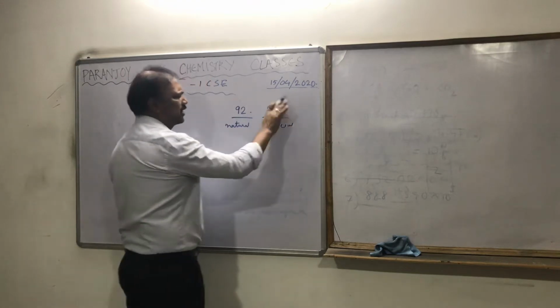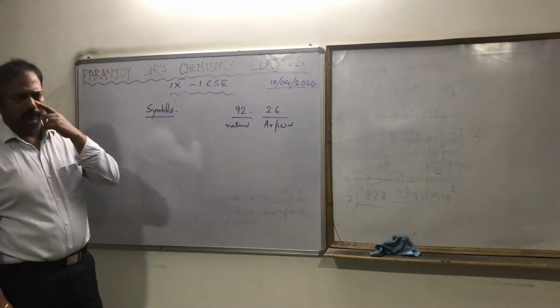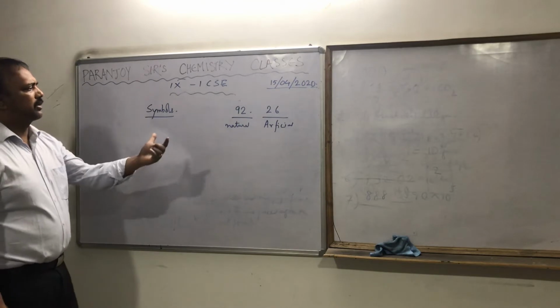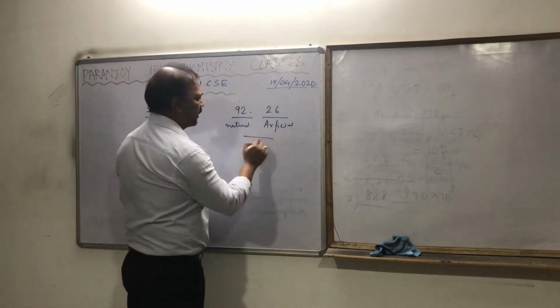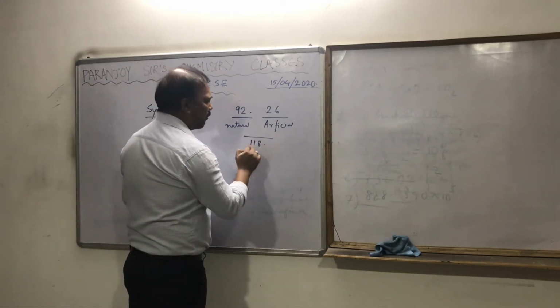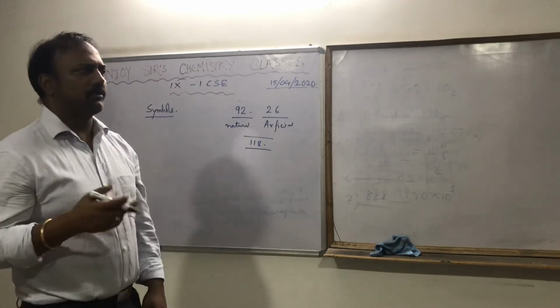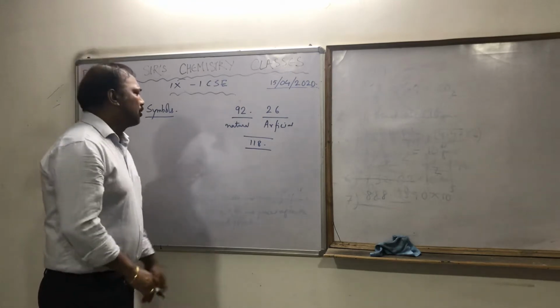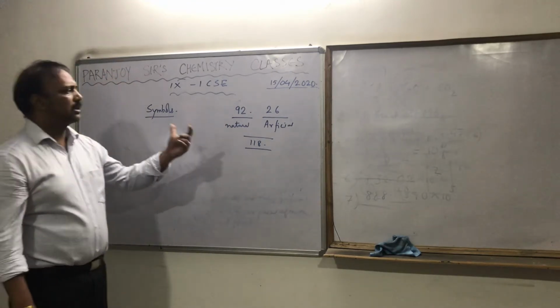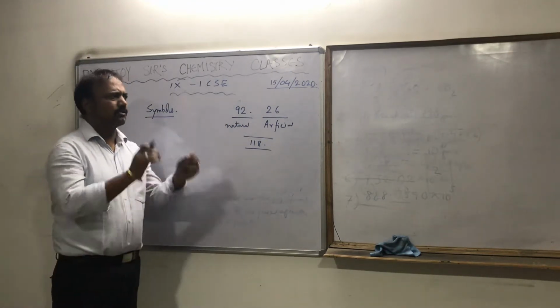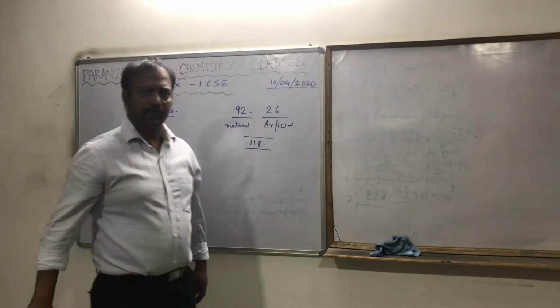Artificial or man-made elements are made in the laboratory simply. Out of these 118 elements together, how can we remember them? It's very difficult to write down the names. So an easier method was tried, which is to represent them by something.